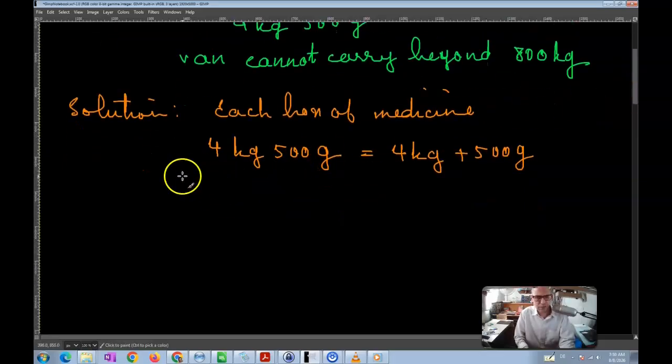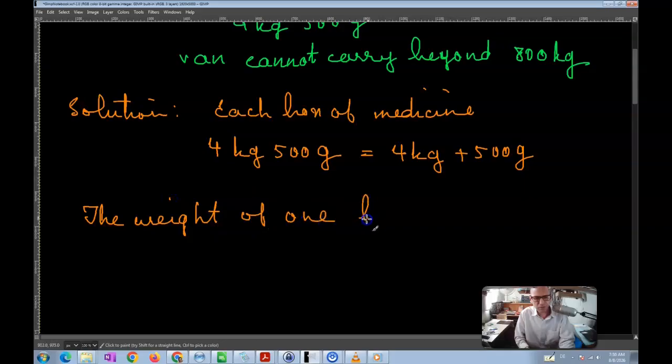Let's say the weight of one box of medicine, suppose for example, is 2 kilograms, right? If I have, for example, 20 of these boxes, what's going to be the total weight?